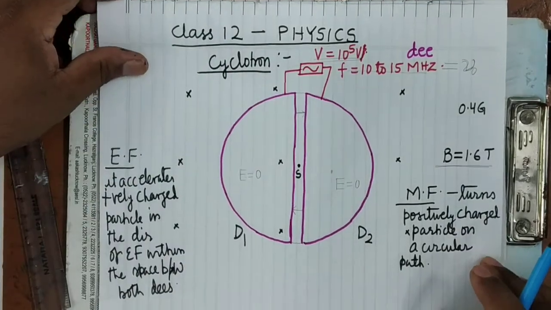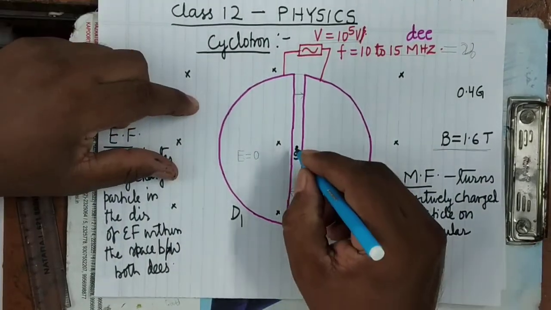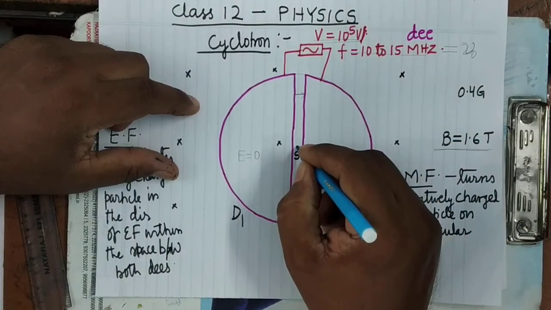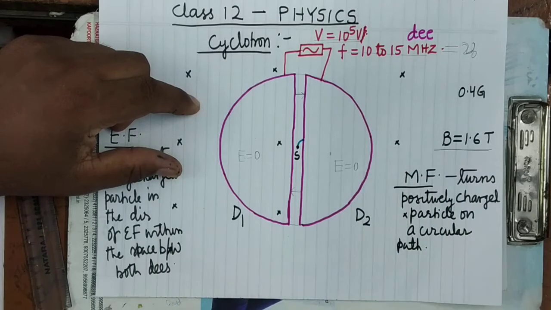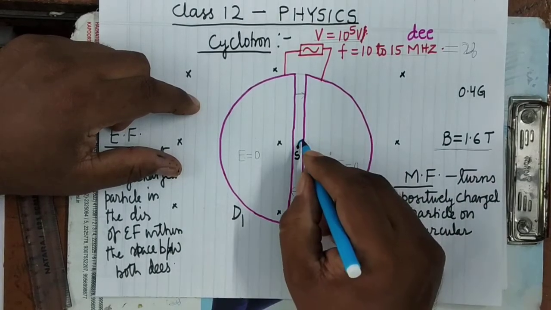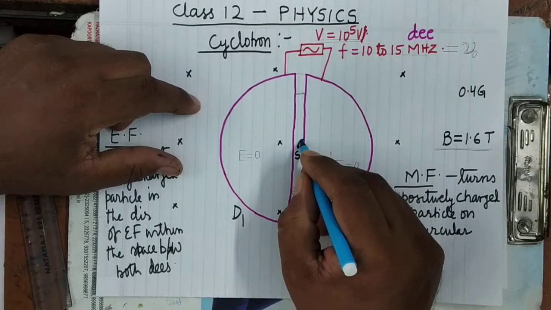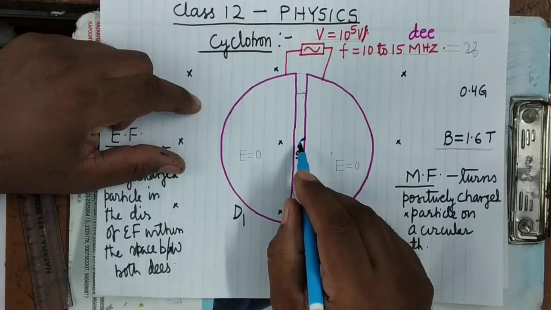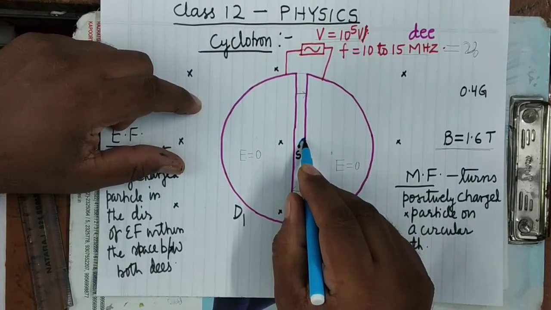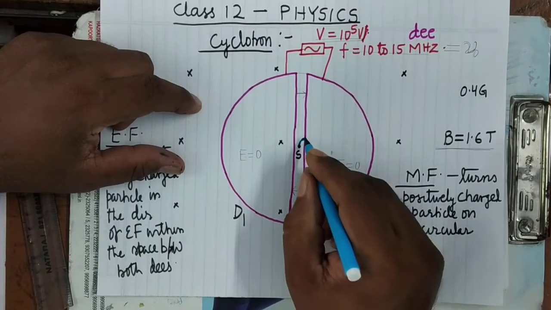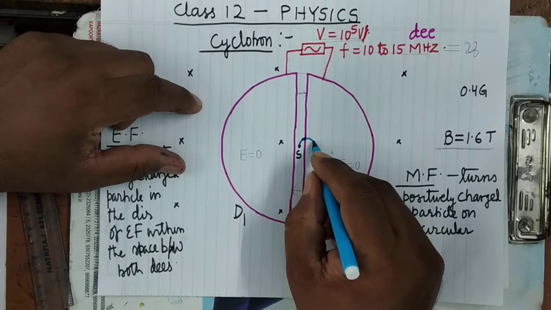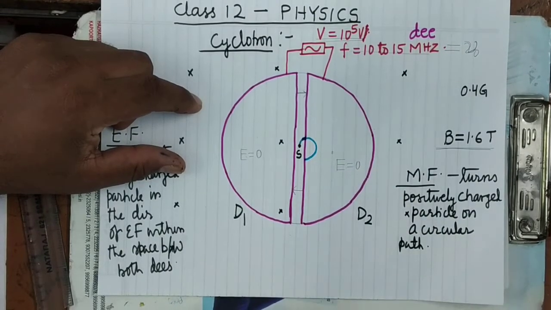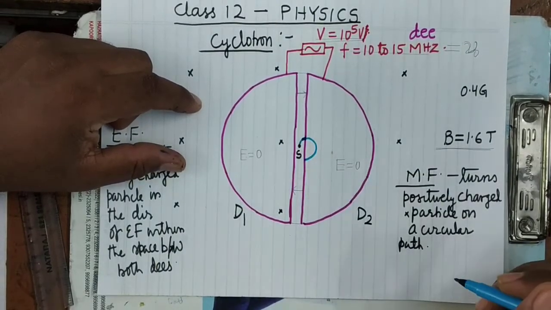This positively charged particle will turn on a circular path, moves towards D2, accelerates up to this. It's clear. After that, it keeps on moving with the same speed, means with that speed with which it enters into the D, and it describes a semicircular path.